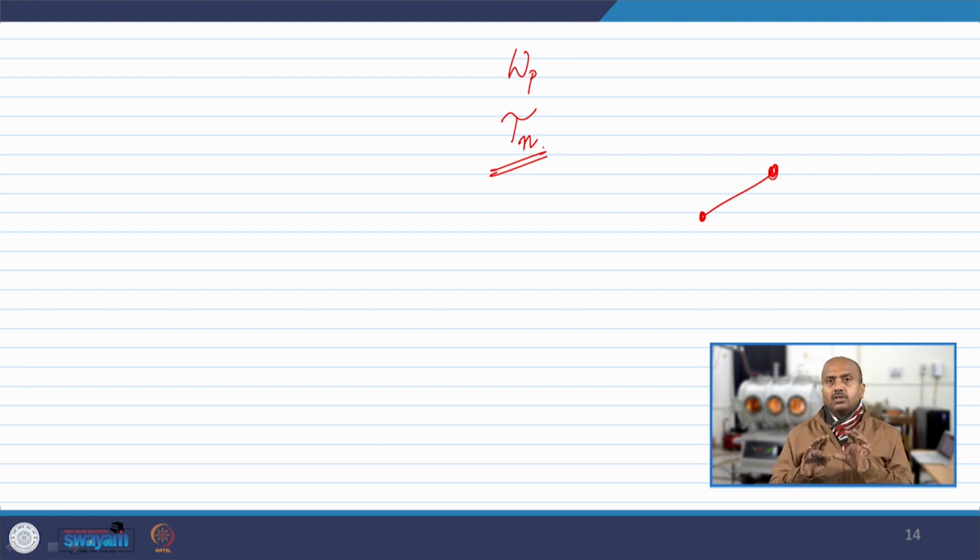So, if there are collisions of electrons and the mean free time between two successive collisions is τn, just think about these two scales. Within τn time, the collisions will happen. That gives you some idea of the time that it requires for the electrons to encounter another collision. And then you have another characteristic frequency or time, which tells you how fast the oscillations are happening, or within a particular time how many cycles can happen.